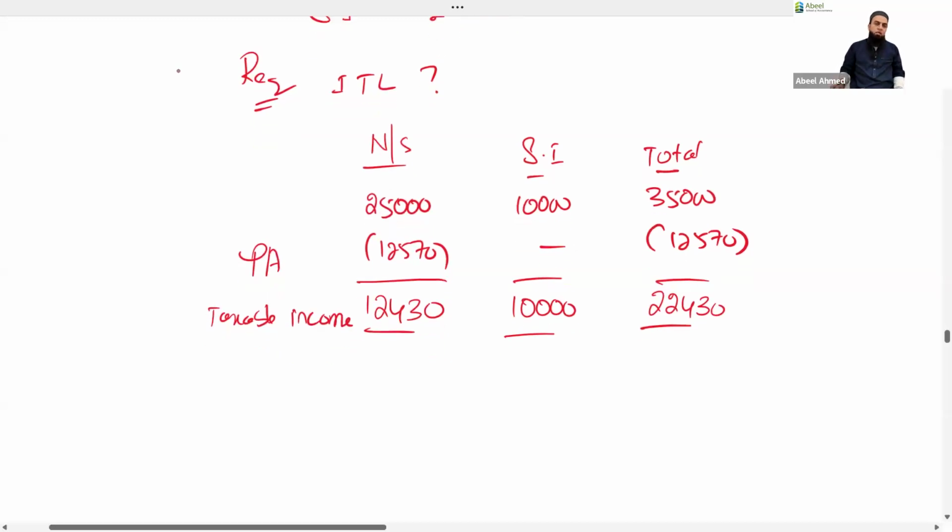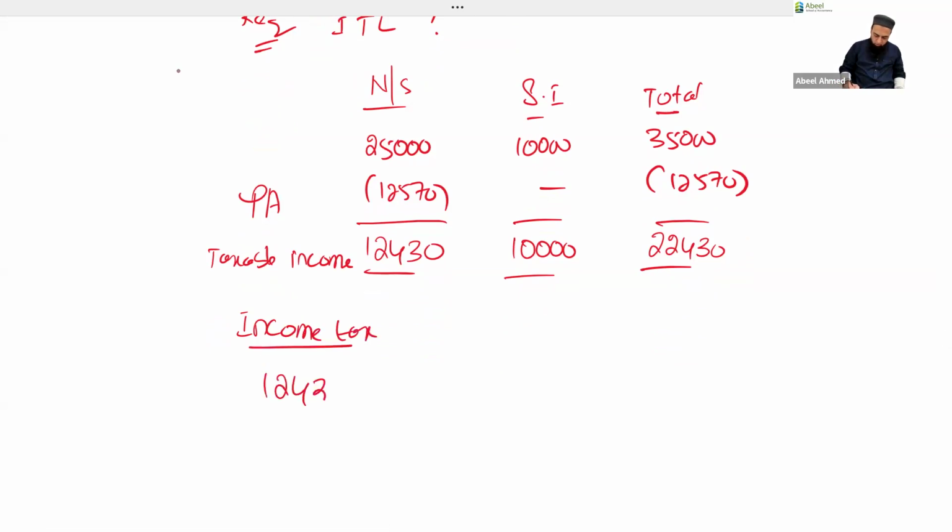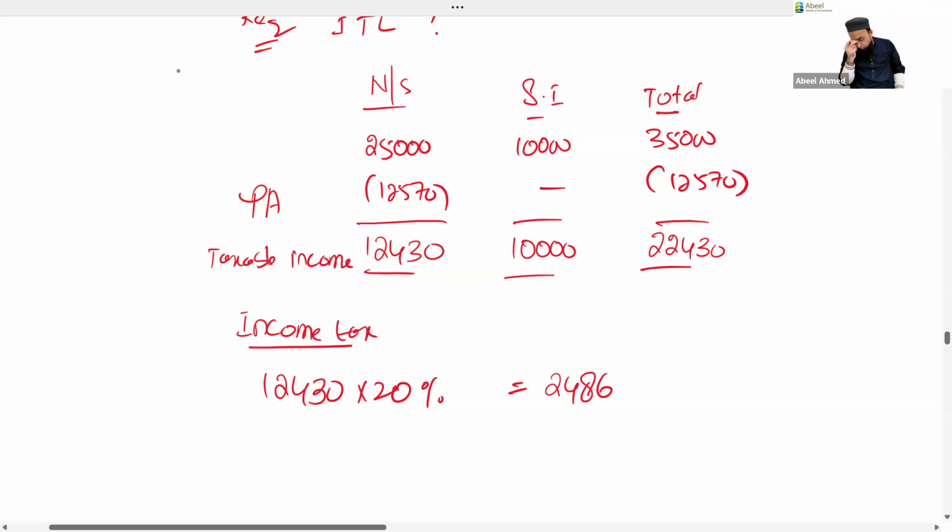Obviously, first we have to apply tax rate on non-saving income. 12,430, applicable rate is 20%. 2,486.